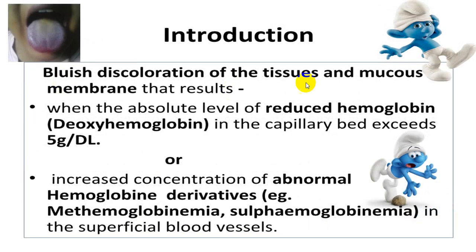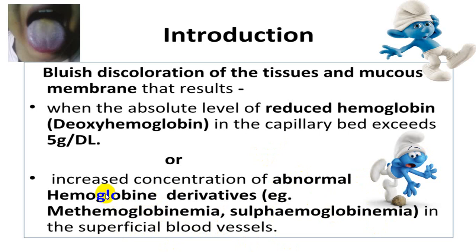So bluish discoloration of skin and mucous membrane due to reduced hemoglobin or deoxyhemoglobin in capillary blood more than 5 gram percentage, or more than 5 gram per deciliter, or we should not forget this: increased concentration of abnormal hemoglobin derivatives like methemoglobin, sulfhemoglobin in, again, the capillary network, that is superficial blood vessels, you will end up with cyanosis.